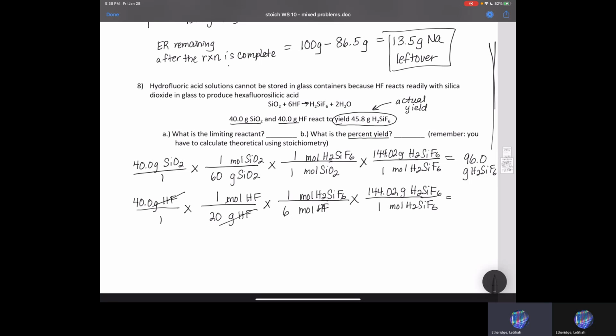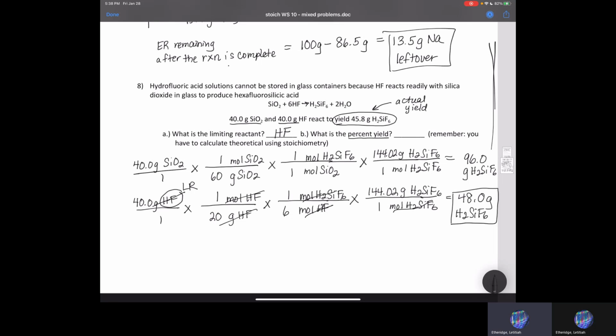And as always, make sure everything cancels so you are where you're supposed to be. And you end up with 48.0 grams of H2SiF6. Okay. This one is the lower number. That means that HF is going to be your limiting reactant. Okay, so I'm going to write that in my first blank. HF is my limiting reactant.